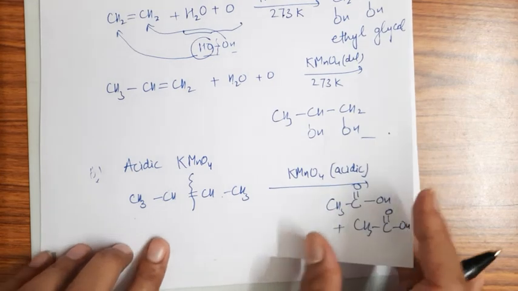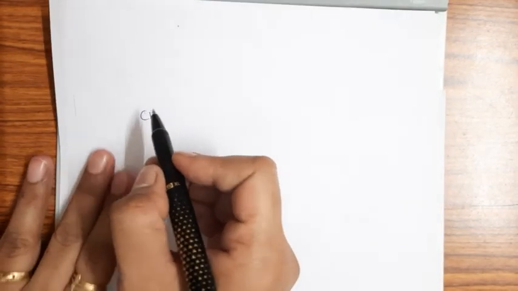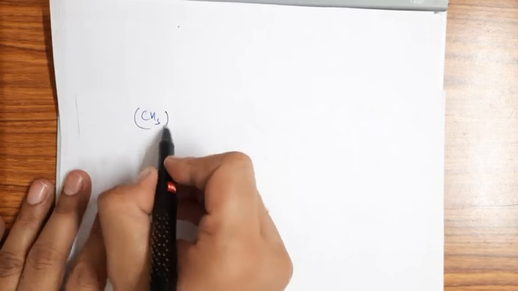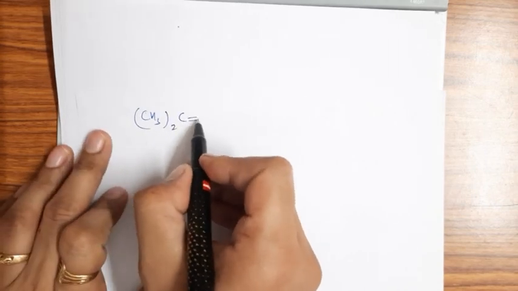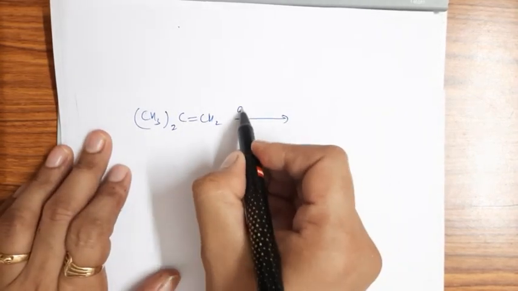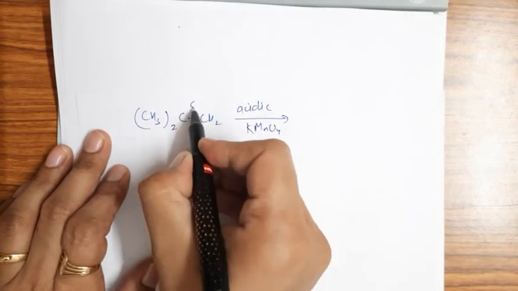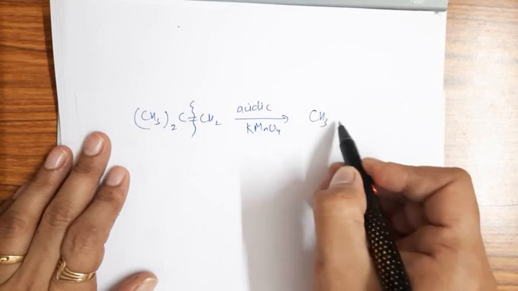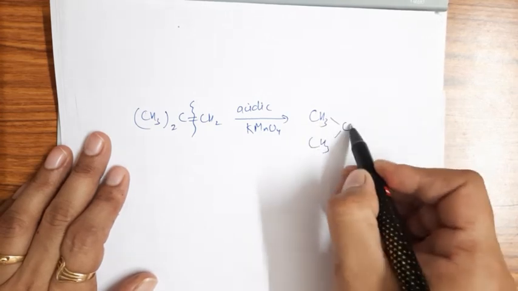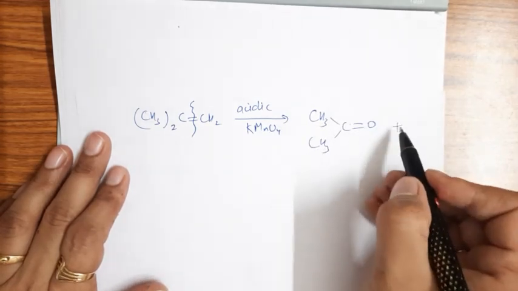So this is one example, and I am taking one more example because these are very important reactions. If I have (CH3)2C=CH2, and I am taking this reaction in presence of acidic KMnO4, again breaking from here, CH3-C-CH3 double bond O, that means ketone is formed, right?